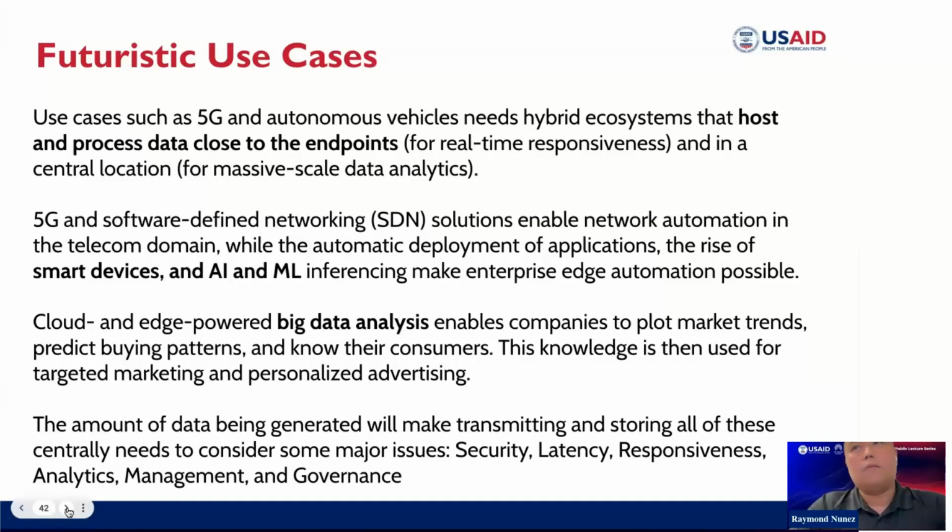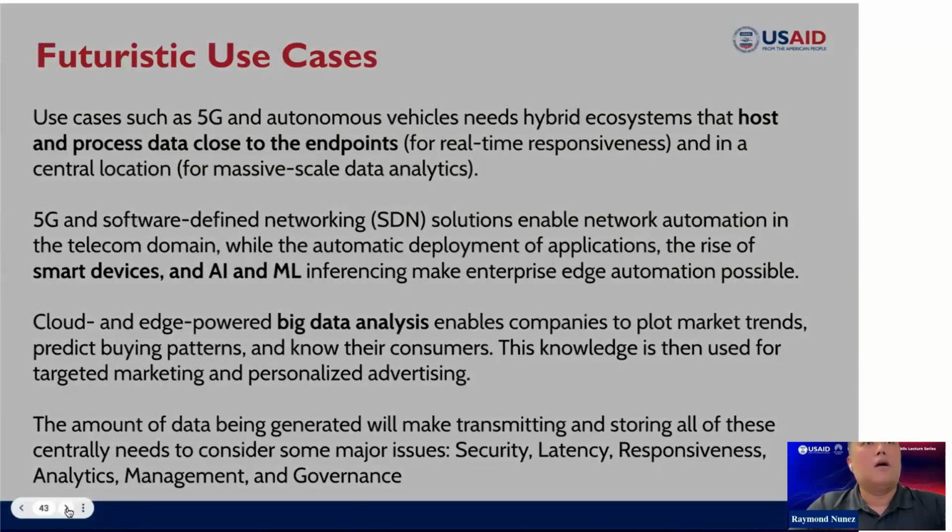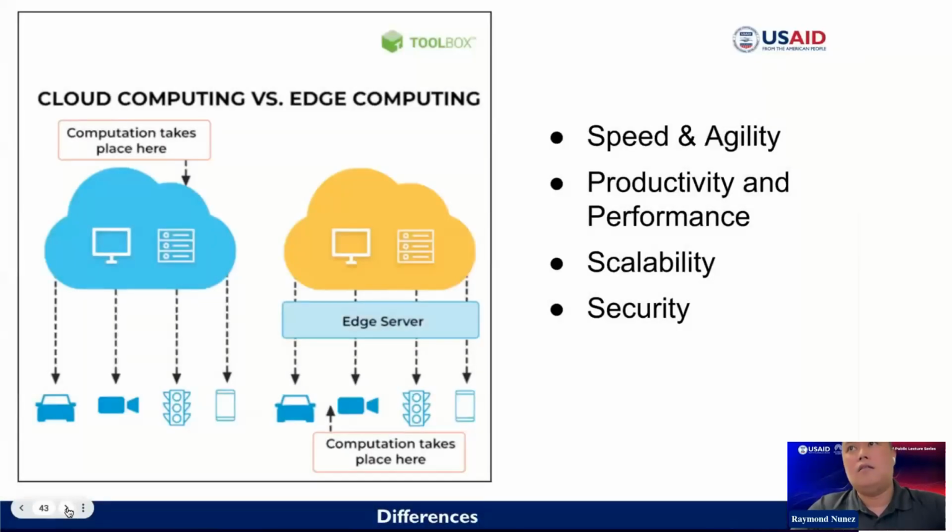And since these are not technically competing technologies but two complementing technologies, on the next slide, Anton, we want to differentiate how they are different, cloud computing versus edge computing, and how they are similar, and the issues and fixes we want to be able to consider when deploying cloud computing and edge computing infrastructure.